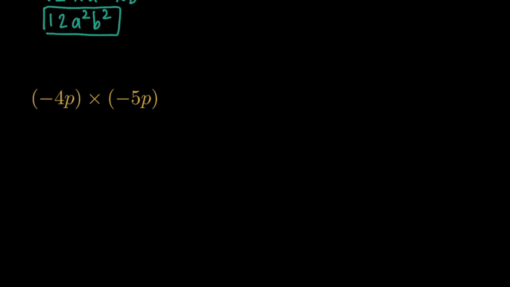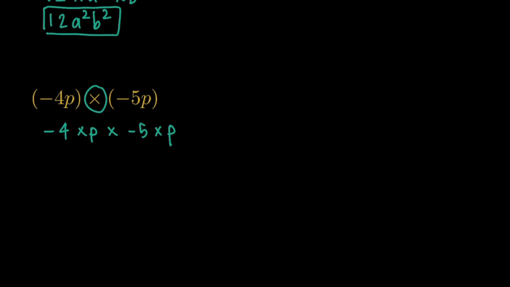Question number 4, we have negative 4p times negative 5p. Negative 4p means negative 4 times p, and we're timesing that by negative 5p, which is negative 5 times p. So we can write it as negative 4 times p and times negative 5 times p.